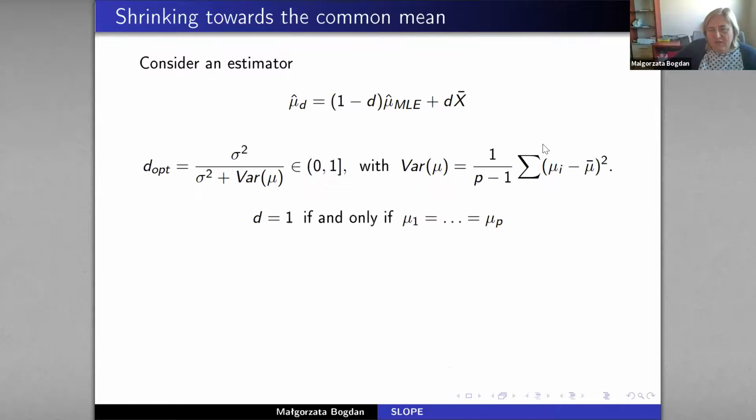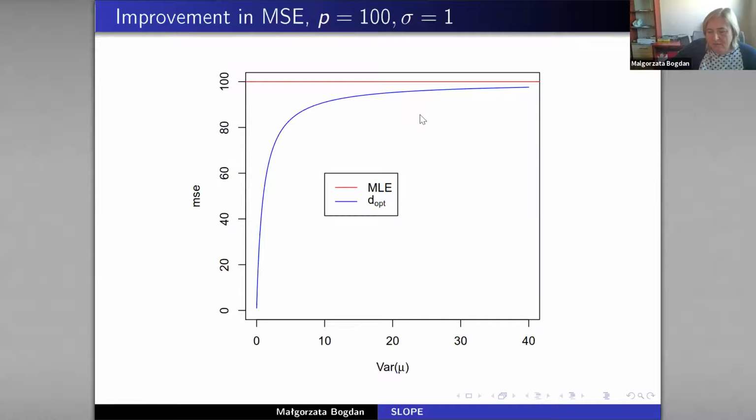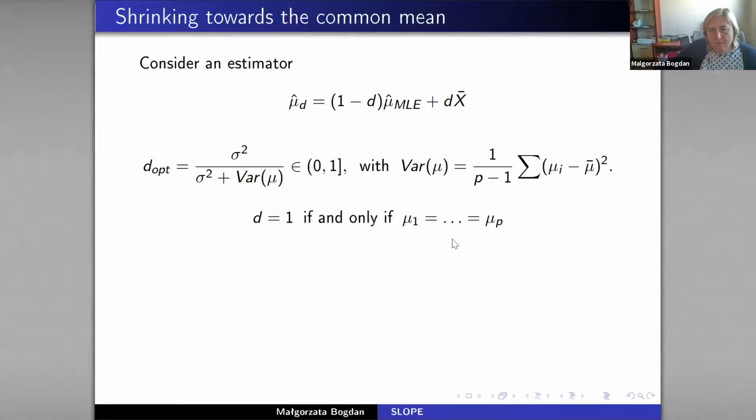So here's another version of what we can do. You do not have to shrink towards 0. You can shrink towards the average of all your x's. And again, you can find the shrinkage constant in here, and this is the formula for the optimal D. The formula for the optimal D depends on the variance and on the differences between the mu values in your sample.